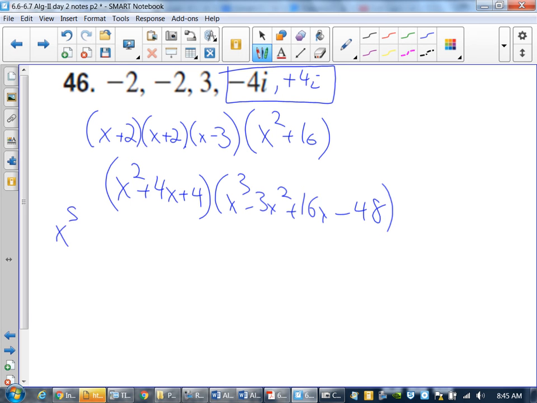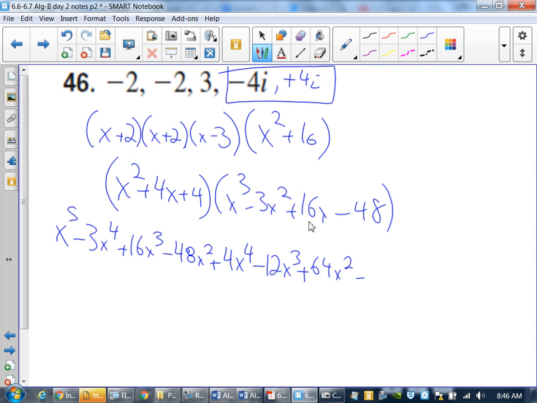x to the 5th minus 3x to the 4th, 16x cubed minus 48x squared plus 4x to the 4th minus 12x cubed plus 32, 64x squared minus 96. 96 is 192. 192.